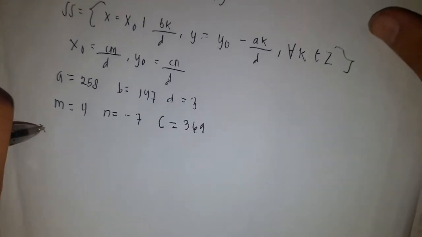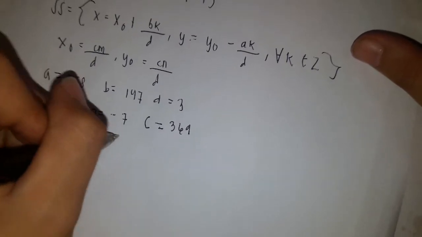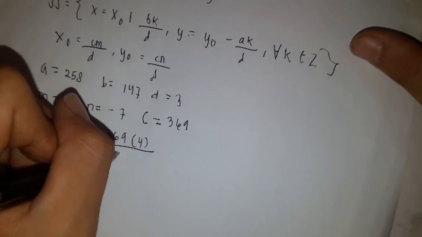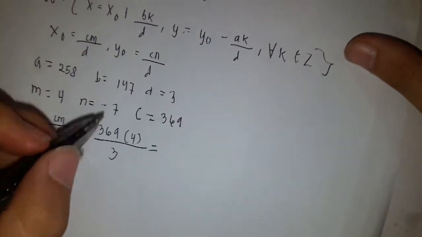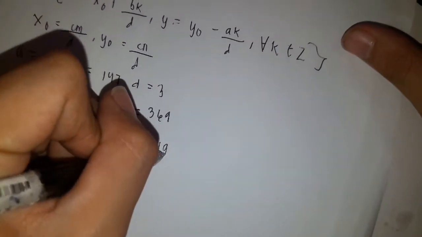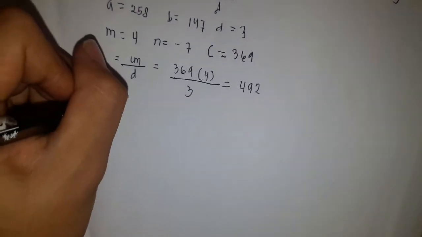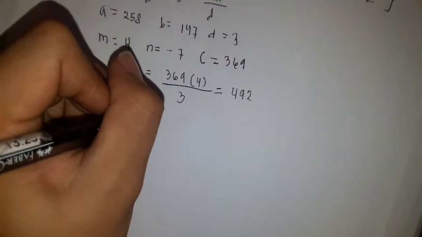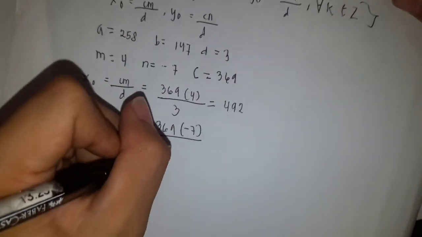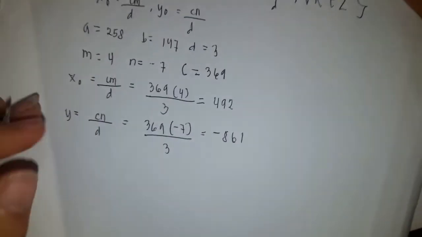So to get this, we have x equals cm over d, or 369 times 4 divided by 3 equals 492. So our y is cn divided by d equals 369 times -7 over 3 equals -861.